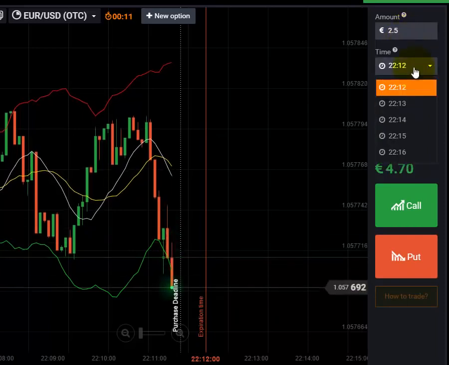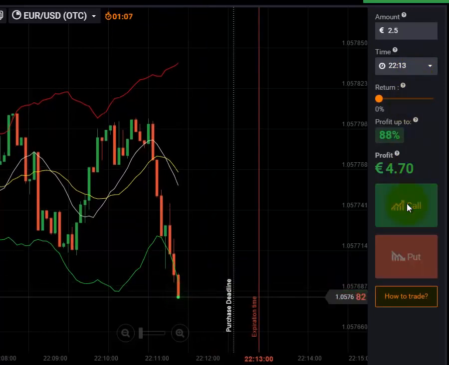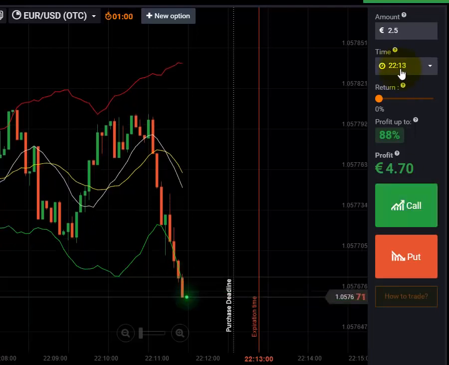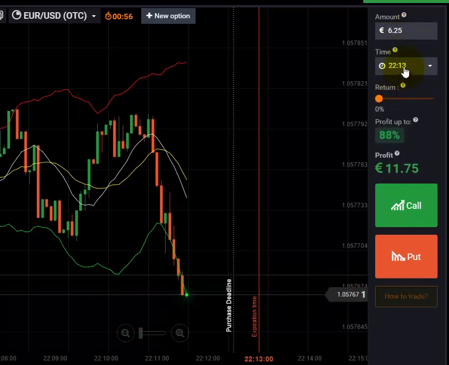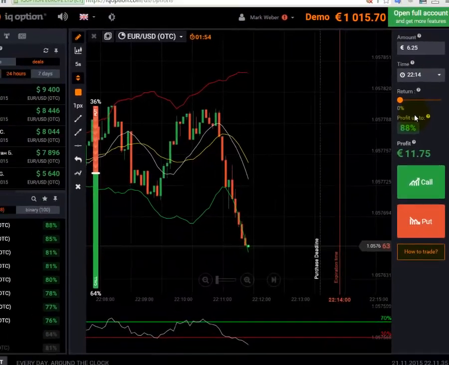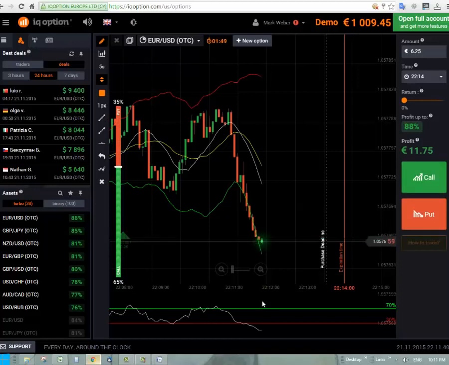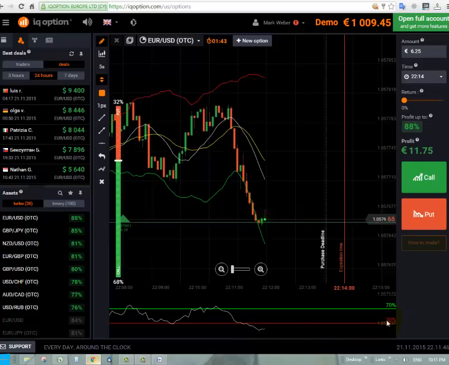We are preparing ourselves for the second position if something goes wrong, and it went wrong, and we make our position, the second position, 1 minute later. Okay, we are preparing for the third position, also 1 minute later. Yes, we will make the position because the RSI is way under the 30% line.